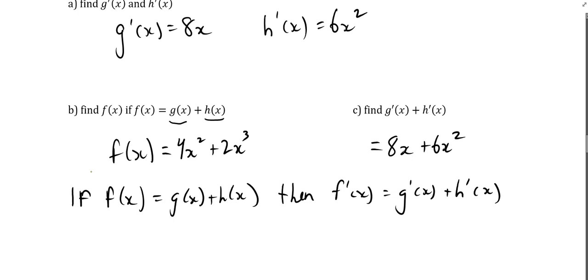This is what we would assume, that I can take the derivative of each term individually. So what we would assume is that this expression here is f prime. Do you understand what I'm saying? But that's an assumption. We don't know that to be true.